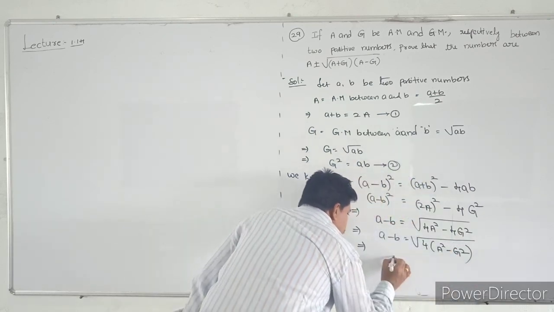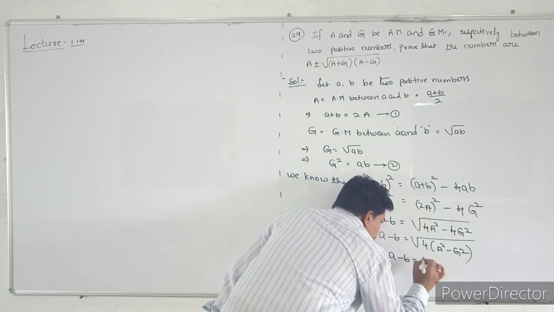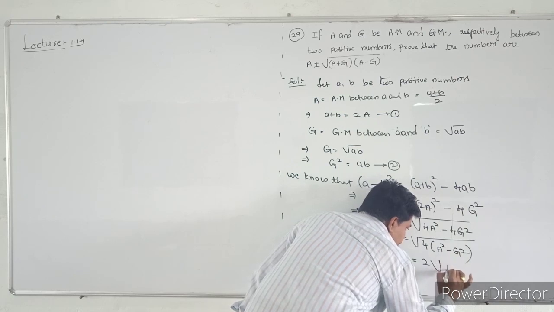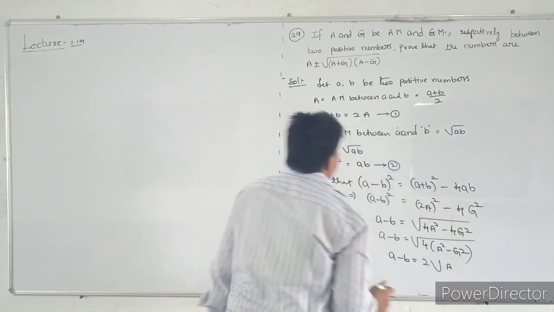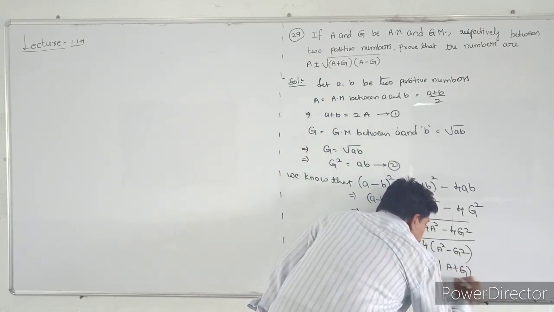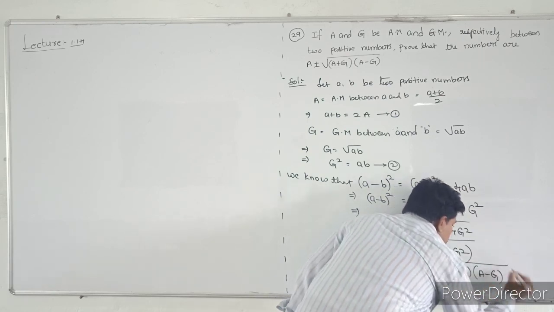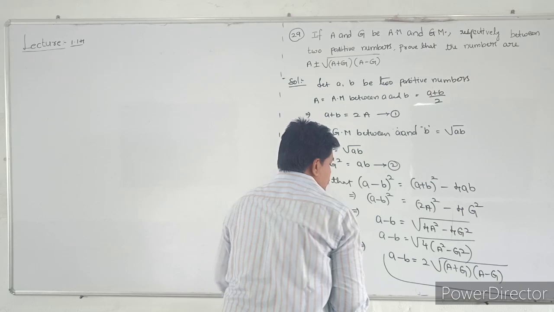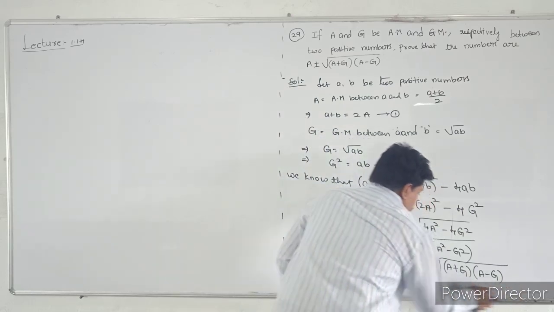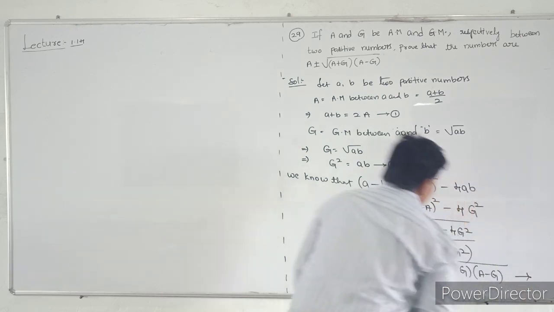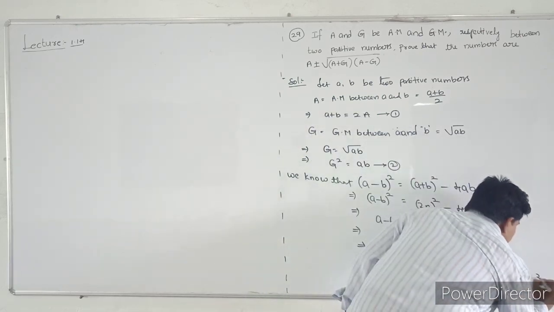So A minus B can be written as 2 into square root of A square minus G square. It can be written as A plus G into A minus G. So take this as the A minus B value. I am taking this as the equation number 3.